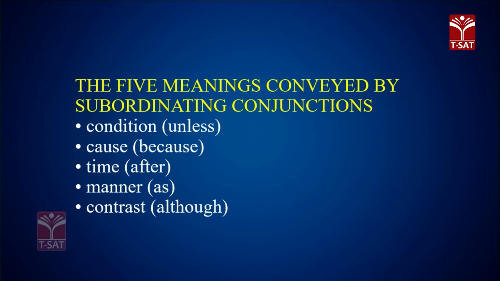When cause is conveyed, the conjunction because is used. When time is explained, after is used. When we explain manner, you make use of the conjunction as. And when you are trying to differentiate, comparing or contrasting, the conjunction although is used.